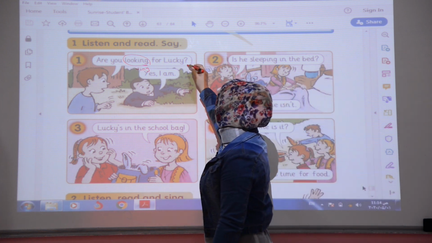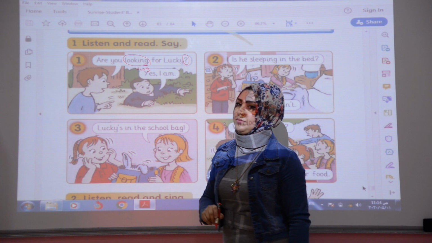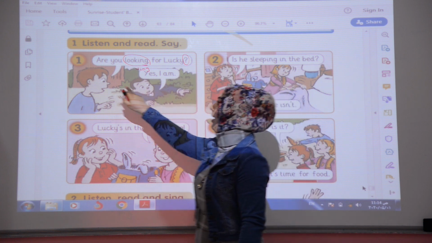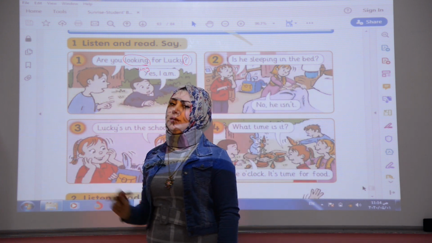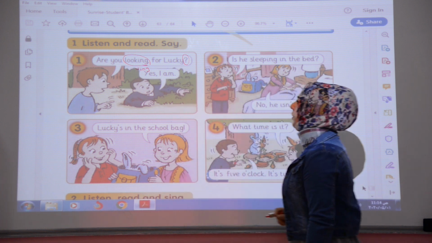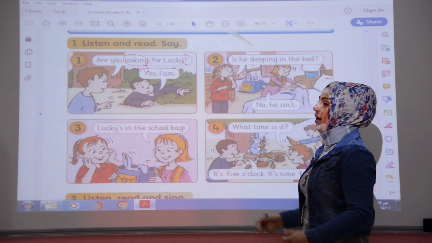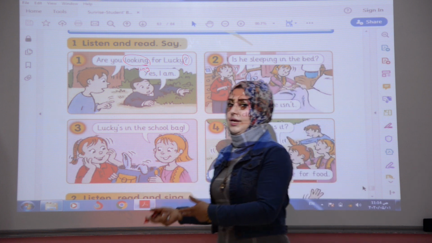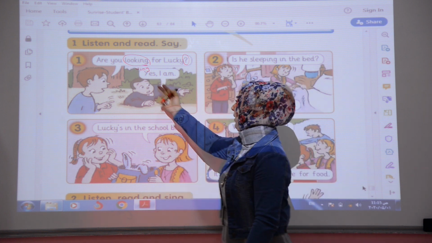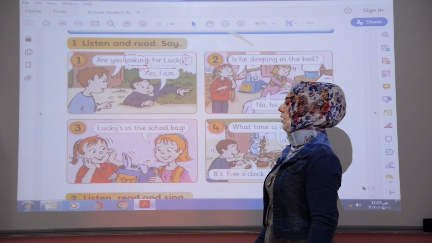And we know that it's a question because we have a question mark and we have the verb to be at the beginning of the sentence. Are you looking for Lucy? The answer will be shorter, a yes or no question. Yes, I am, or no, I'm not.